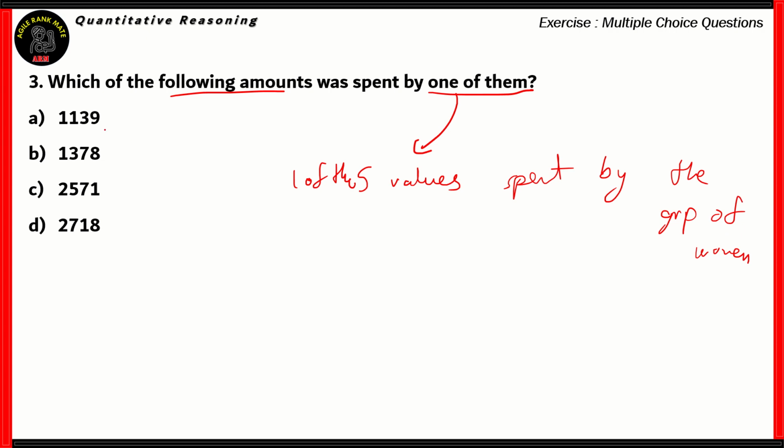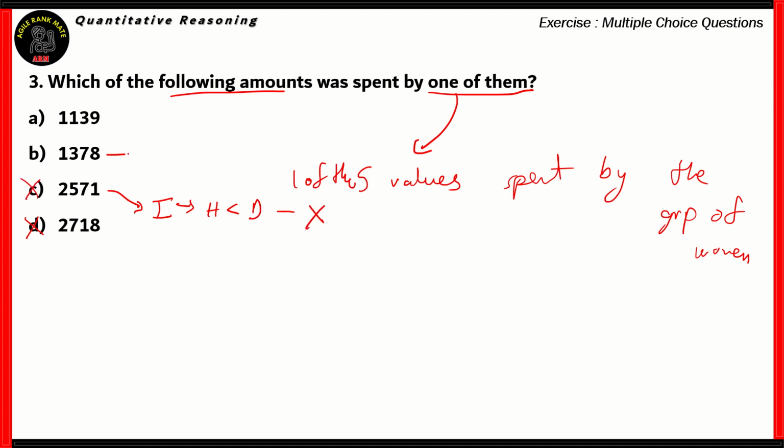So we have 1139, 1378, 2571, 2718. The number 2718 was not mentioned in any of the calculations, so that's incorrect. 2571 was mentioned in possibility 1, but in that possibility we found out that Helen spends less than Dhanuka, which is incorrect.